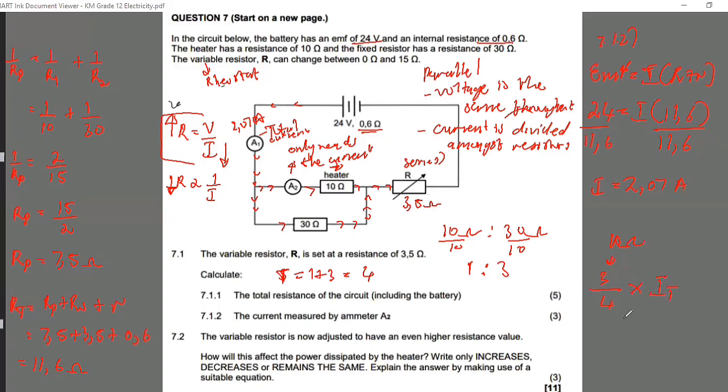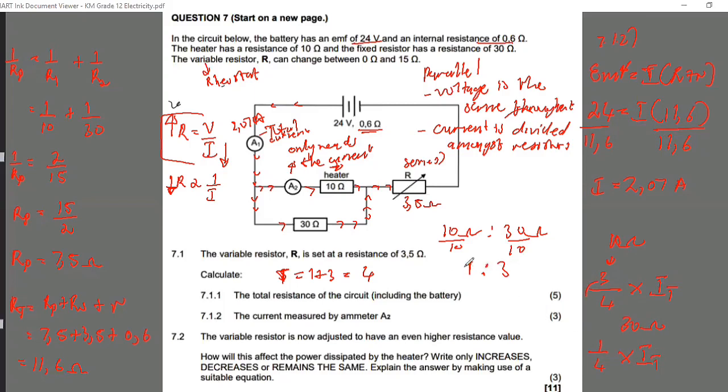And then the 30 ohm should actually have 1/4 of the total current, right? So the 10 ohm will have a bigger current, so that's 3/4 of the current. But the bigger resistance will have a lower current. That's 1/4 of the total current. So that's how you do it.